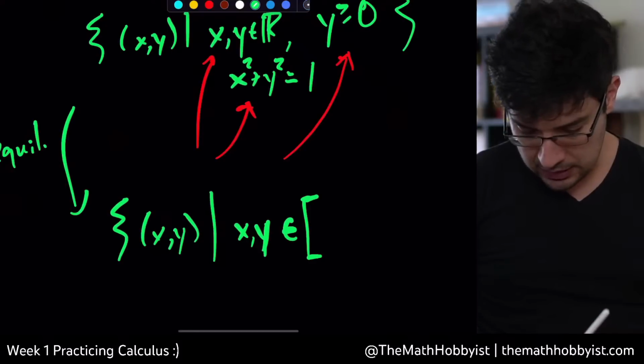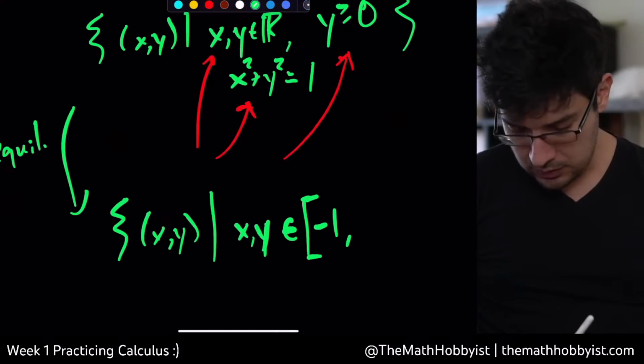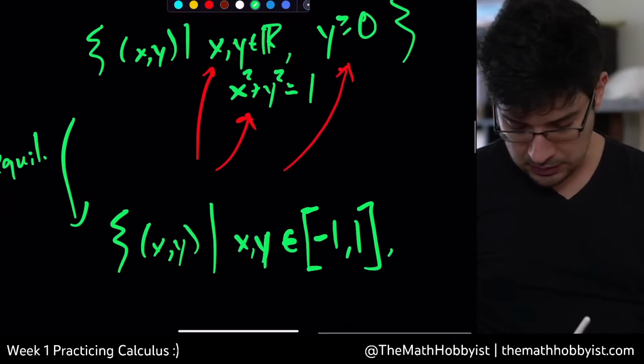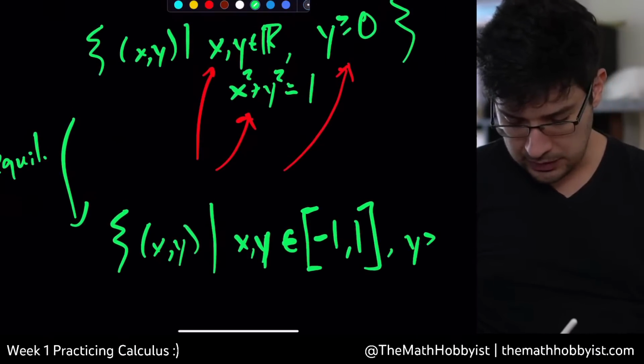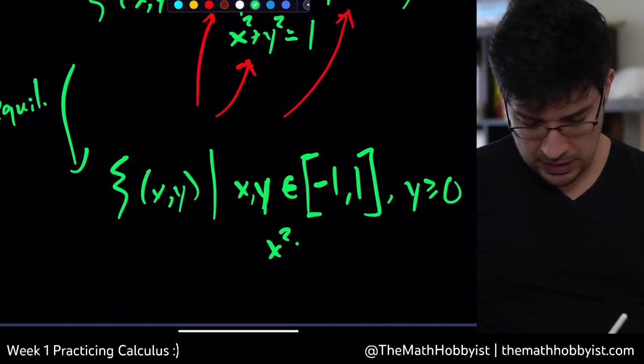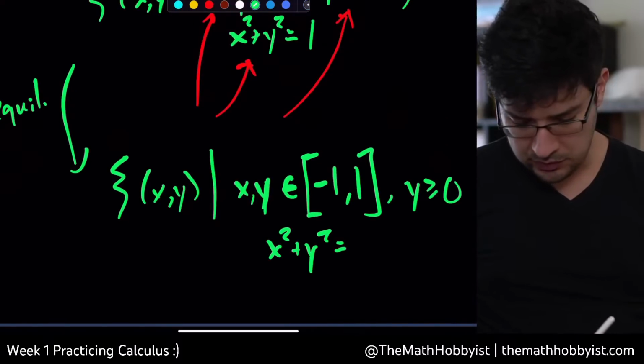We can take the interval -1 to +1, y greater than or equal to 0, x squared plus y squared equals 1.